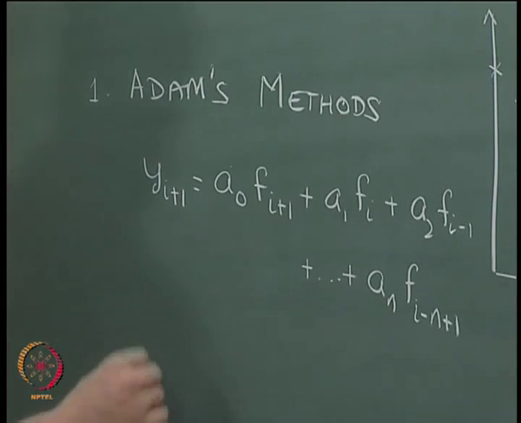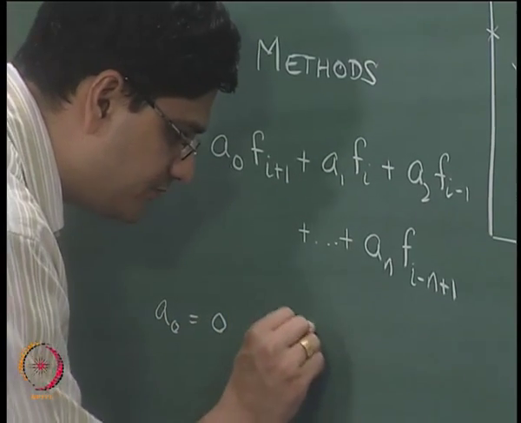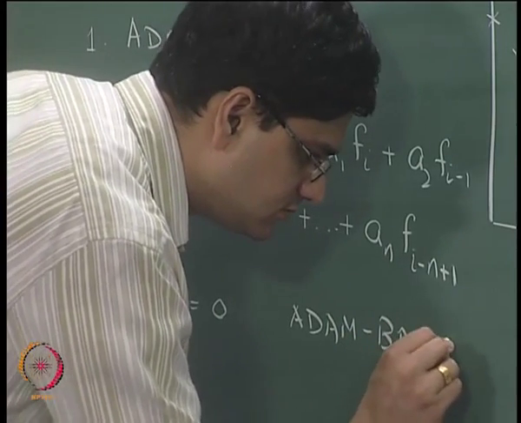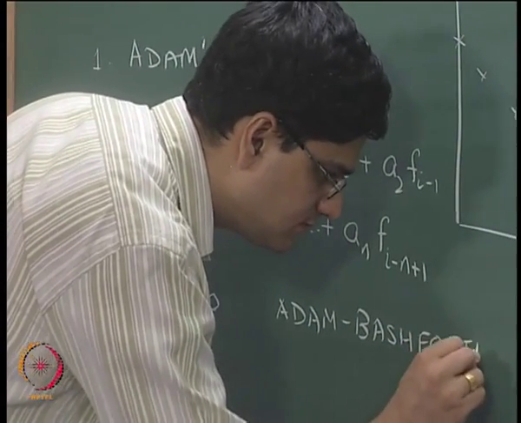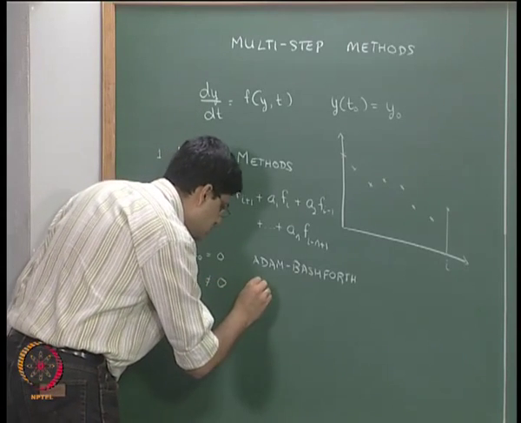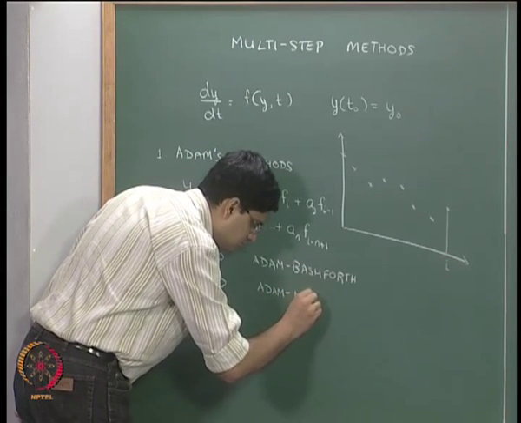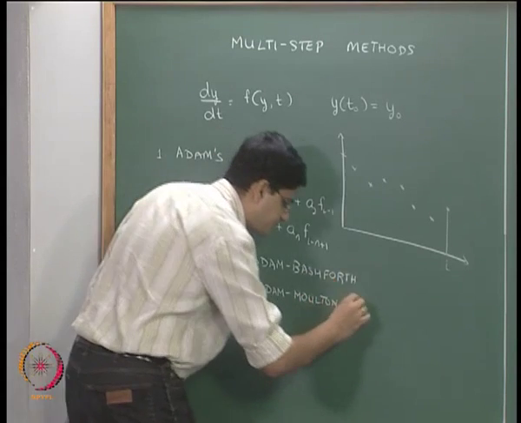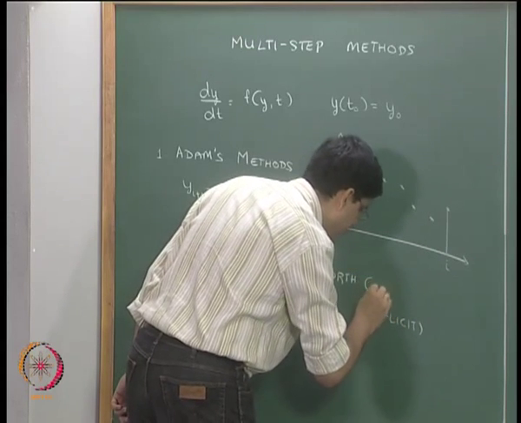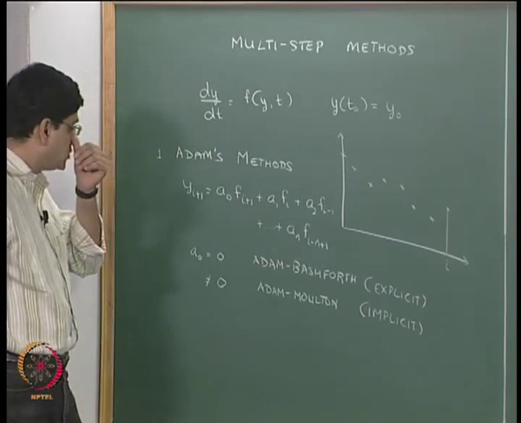Now again the Adams family of methods are of two types. a0 equal to 0 is the Adams-Bashforth methods, and a0 not equal to 0 is the Adams-Moulton methods. Adams-Moulton is implicit, Adams-Bashforth is explicit. Okay. So these are the Adams methods.